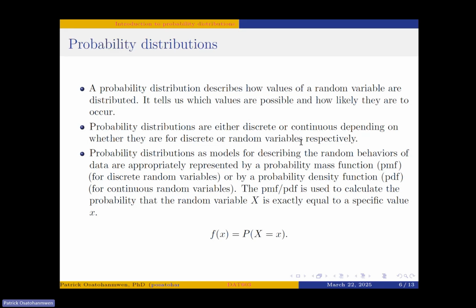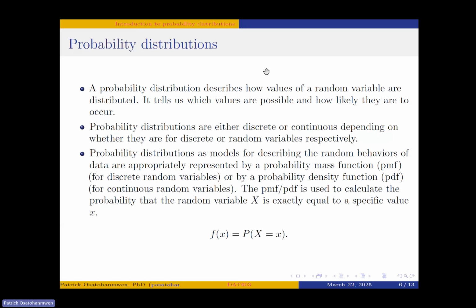So probability distributions, just like random variables, are either discrete or continuous. This depends on whether they are for discrete random variables or for continuous random variables. In other words, probability distributions are used to describe random variables, like I said before.